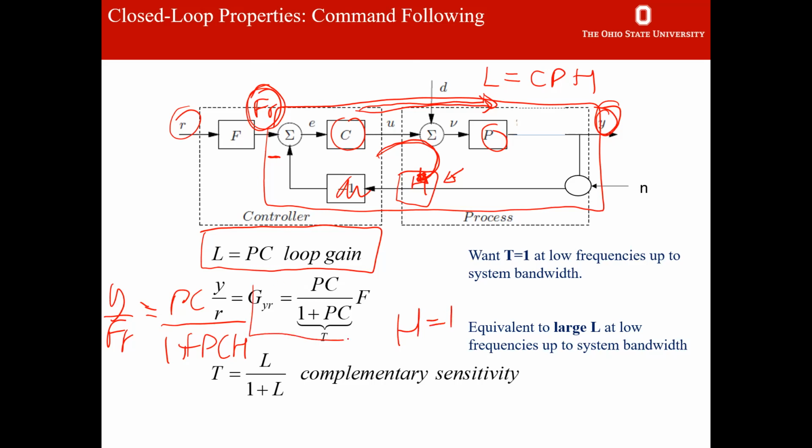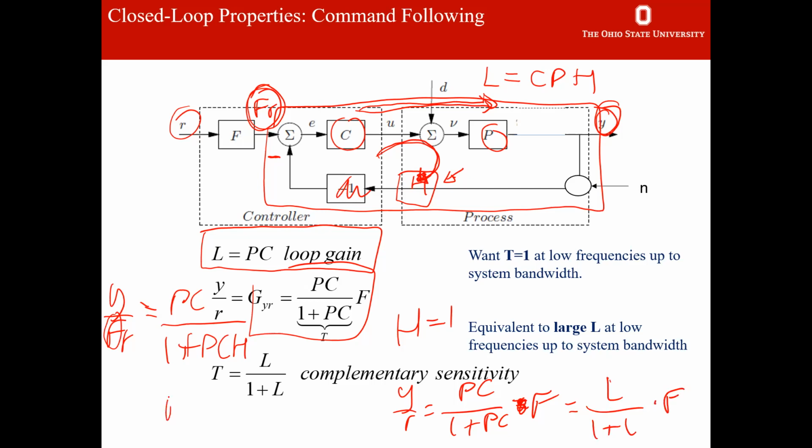So just like here, my Y divided by R is PC divided by 1 plus PC, which is equal to, times an F, I'm sorry. There's an F here, which is equal to L over 1 plus L times F.